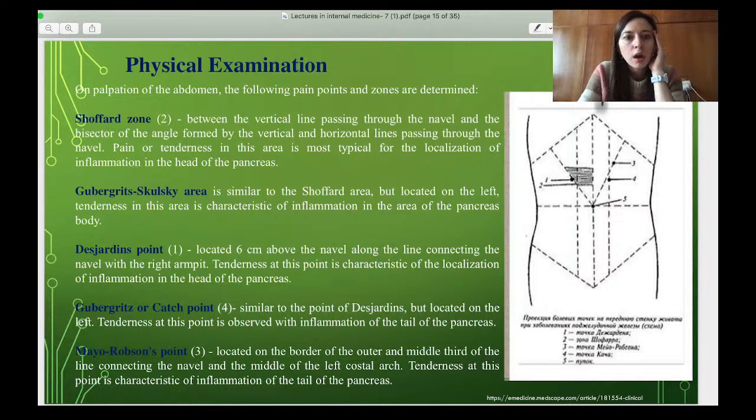Next area, the Gubergrits-Kalinsky area is similar to the Chauffard area, but located on the left. Tenderness in this area is characteristic of inflammation in the area of the pancreatic body.